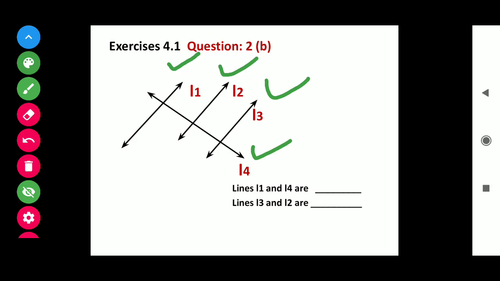Now we have to find out the relation between L1 and L4, and we have to find out relation between L3 and L2. So how can you find out this relation? You have to see this figure very carefully, and then you have to find out the relation between these lines.